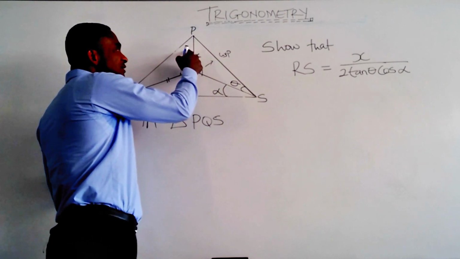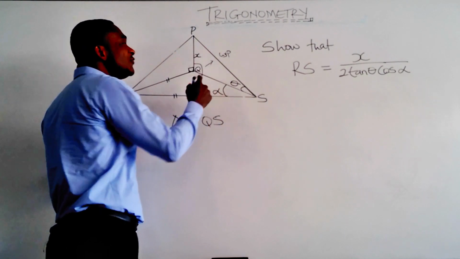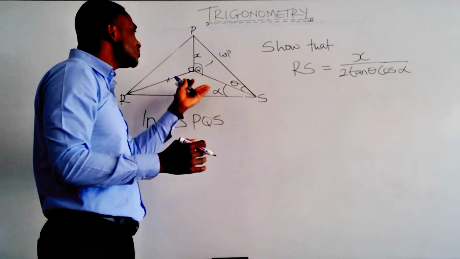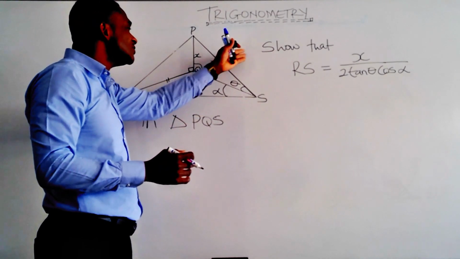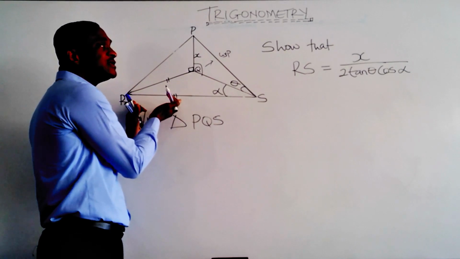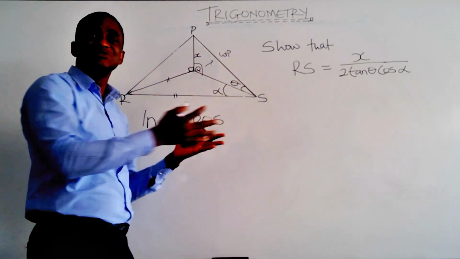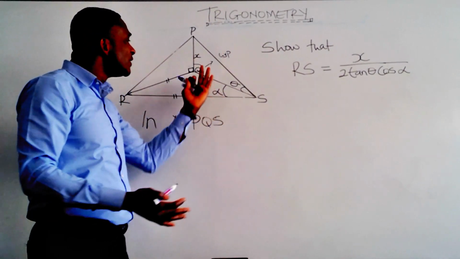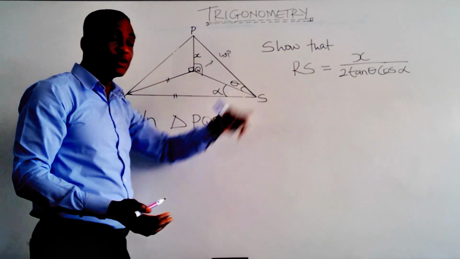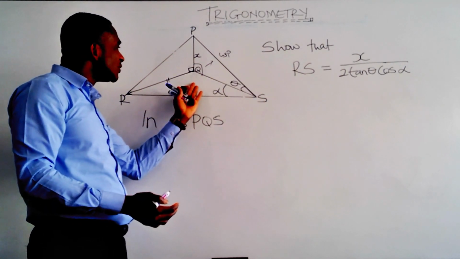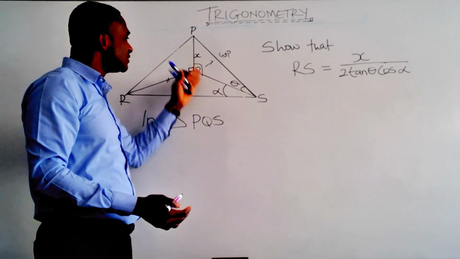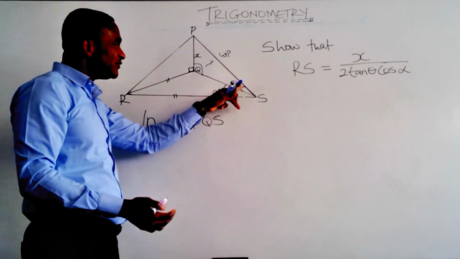Then this is opposite over adjacent. If we are working with two sides, why did we choose adjacent instead of hypotenuse? Because we want to work closer to RS. Choosing hypotenuse makes no sense for us. So we start working towards this triangle, and we choose opposite over adjacent of the angle.